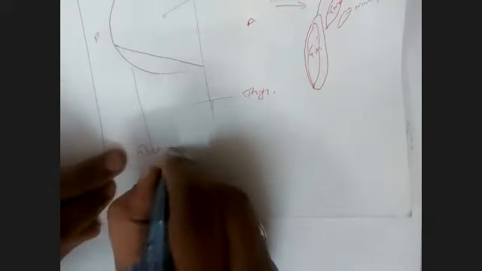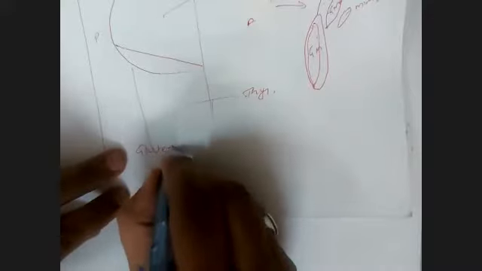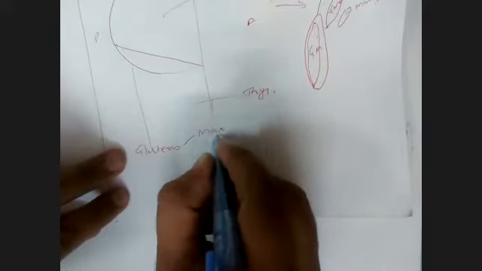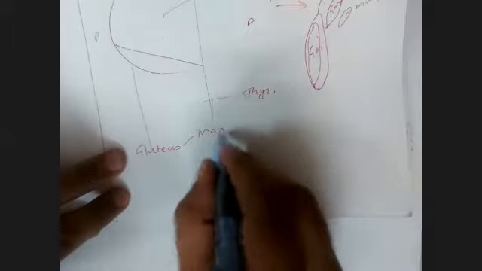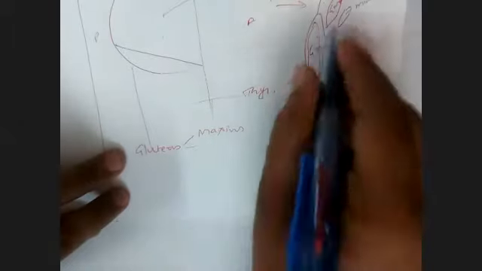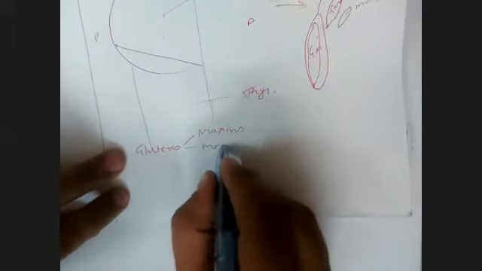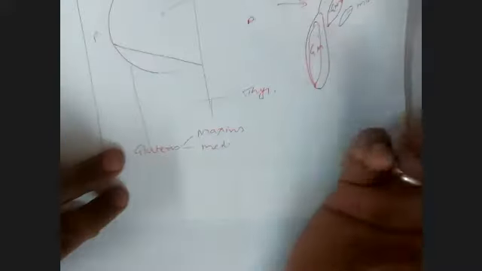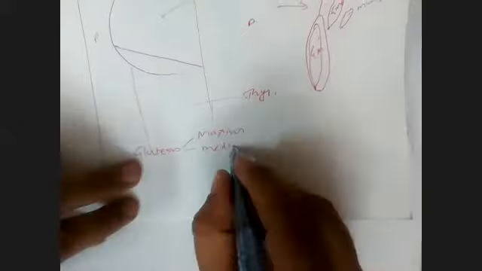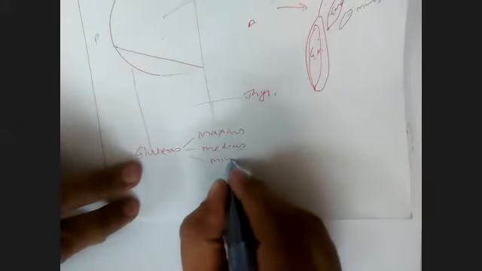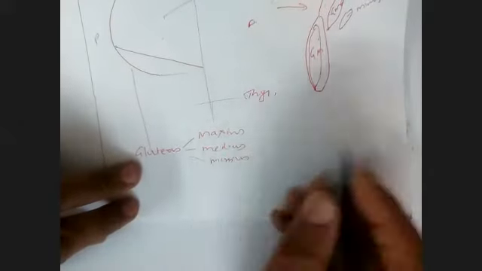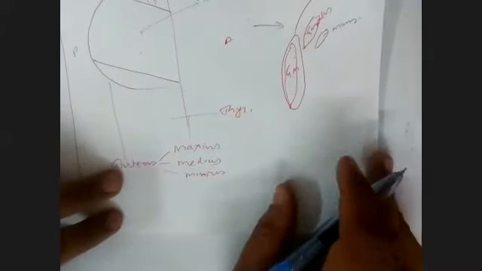Now let me list the muscles which we are going to study in the gluteal region. Firstly, the three gluteal muscles. Gluteus maximus is the most superficial. Below that is gluteus medius, so once we remove the maximus we will see the medius, and below the medius is the minimus.